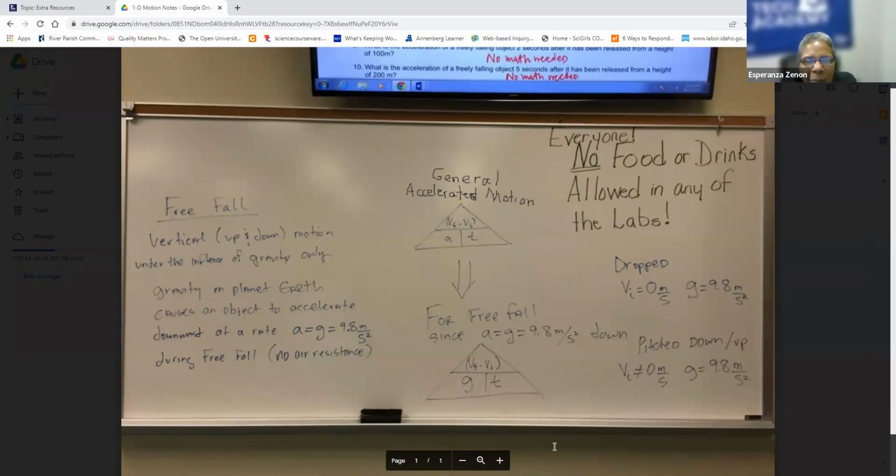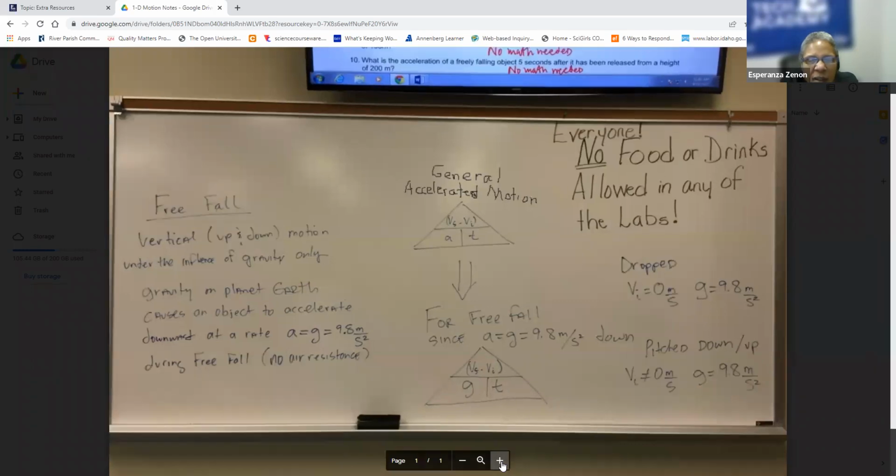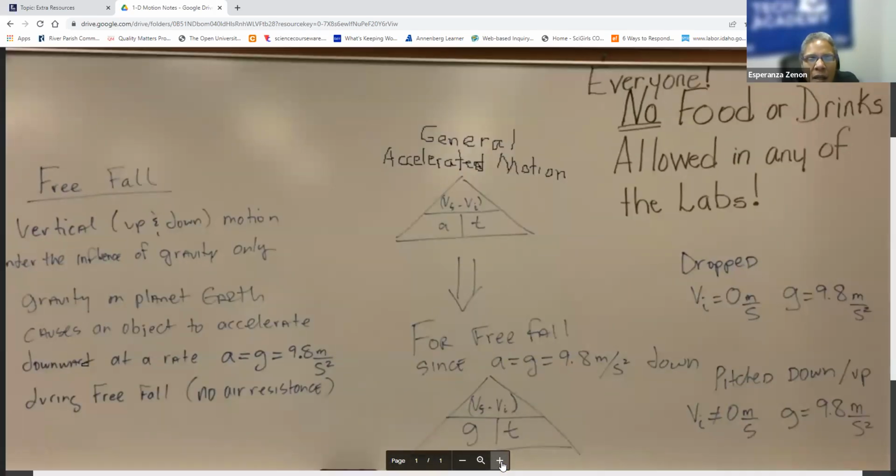On the top of the pyramid, I have the final velocity minus the starting velocity. That's my delta V, change in velocity, okay? Divided by the time, all right? Notice that if I take the VF minus VI divided by T, I can get A. How come? Because whatever you're solving for, that's what you cover up.